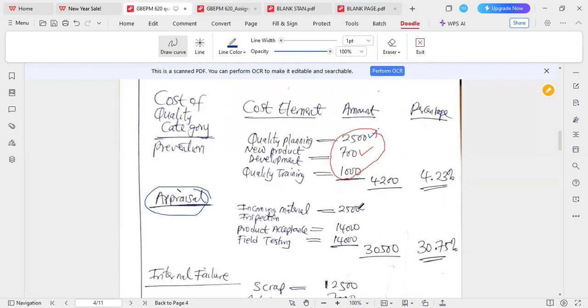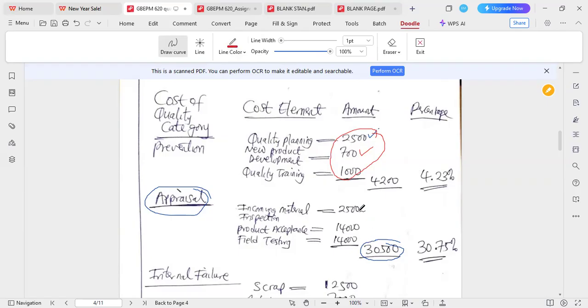So this one comes to 30,500, as we are getting down to the appraisal.